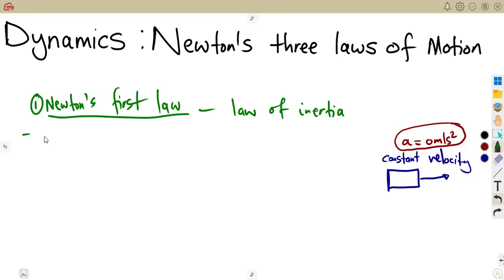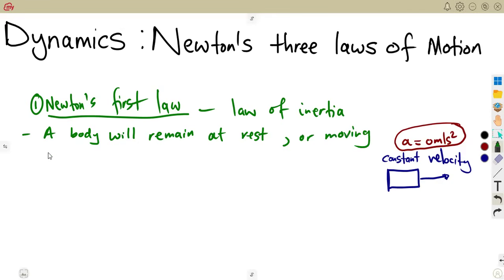So here, I'm just going to write this, a body. I'm just going to write the short ones, guys. There are so many presentations that you can have. So guys, me, I'm just going to write the short one. So a body will remain at rest or moving at constant velocity, where acceleration is what? 0 meters per square second.